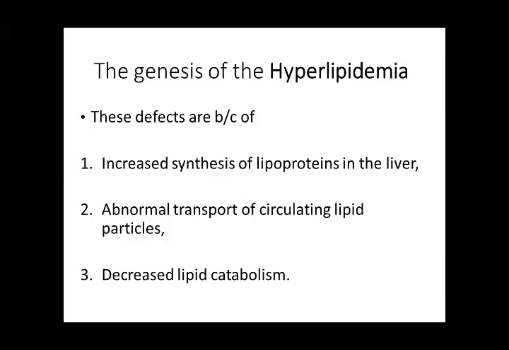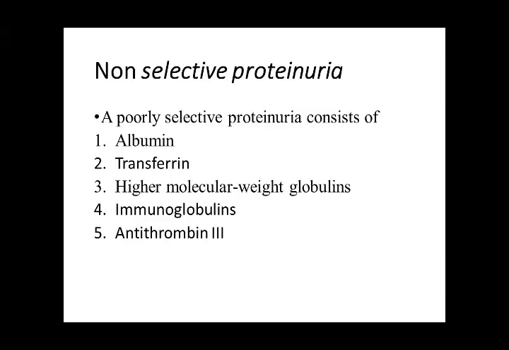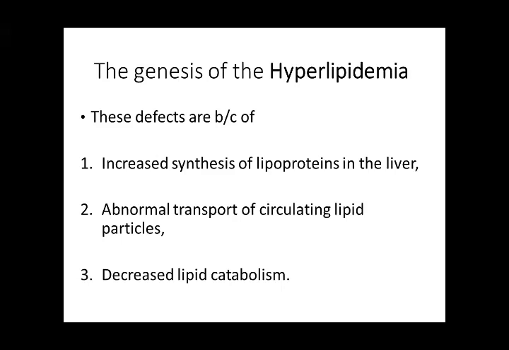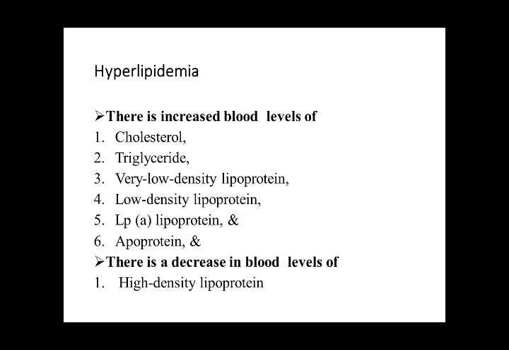So most common place where there is coagulation is the renal vessel itself. Then there is hyperlipidemia because of increased formation, decreased catabolism, and finally it gets lost in the urine as well.